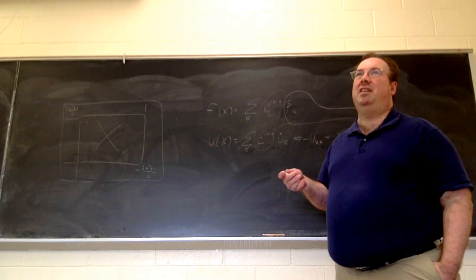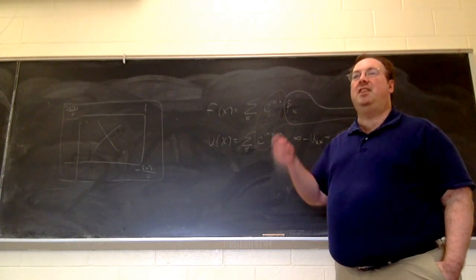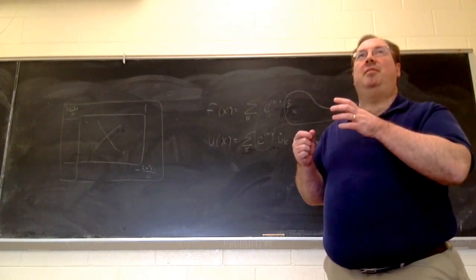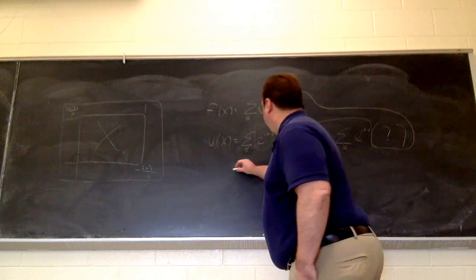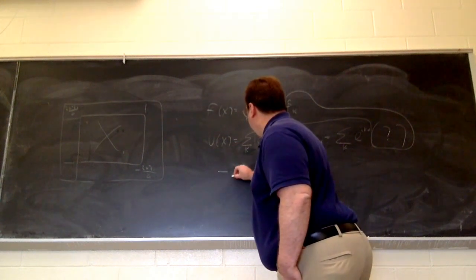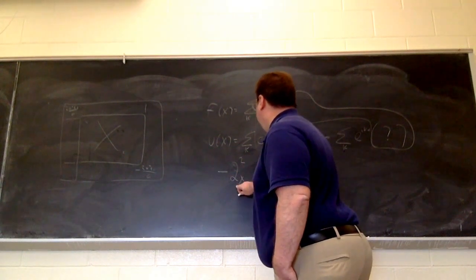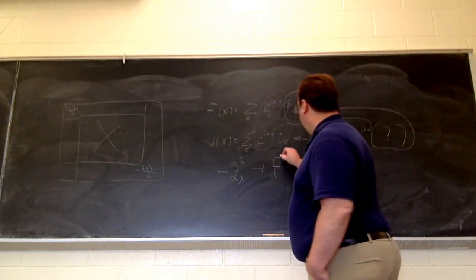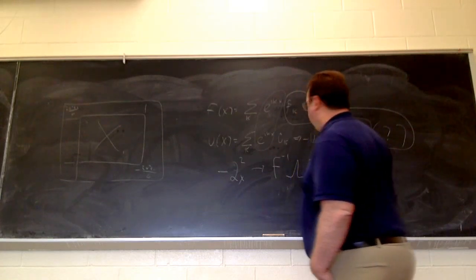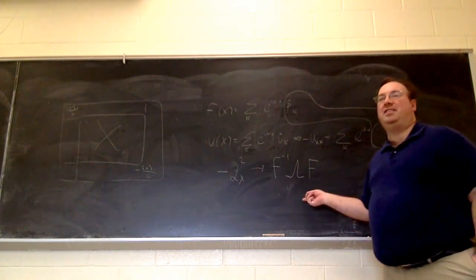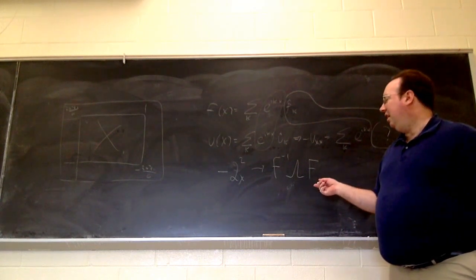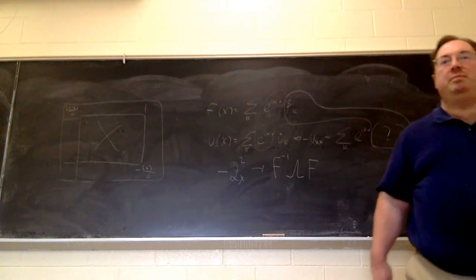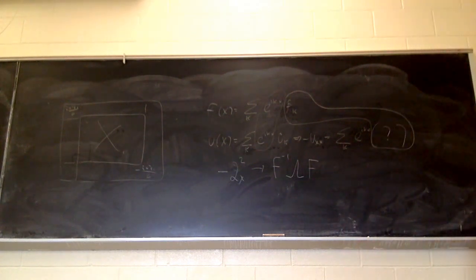The other way to do it is, if you use FFT, then the matrix for minus second derivative with respect to x goes to, I think I might have written this on the board before. Yes. Okay, yeah, you could do that. The thing is, this matrix is singular, because it's from the derivative of a constant function being 0.